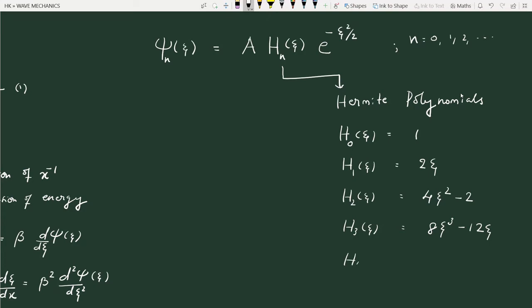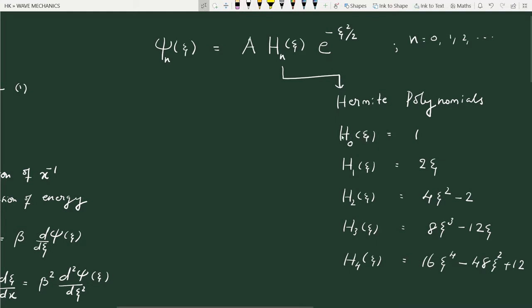H4 theta is 16 theta raised to 4 minus 48 theta square plus 12, and so on. So we have listed the first 5 polynomials.